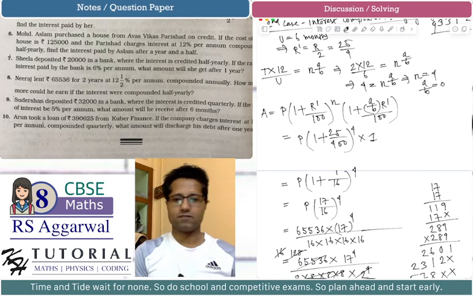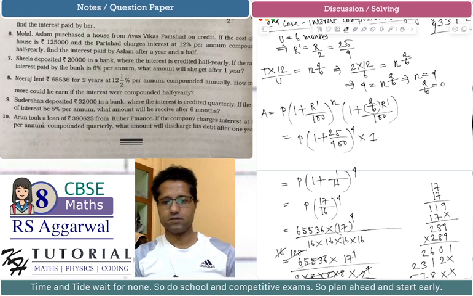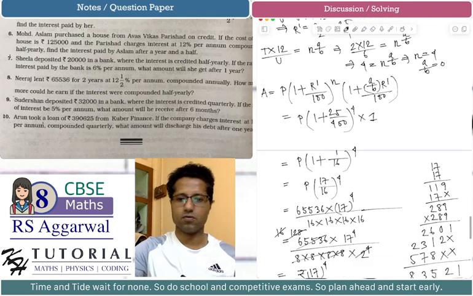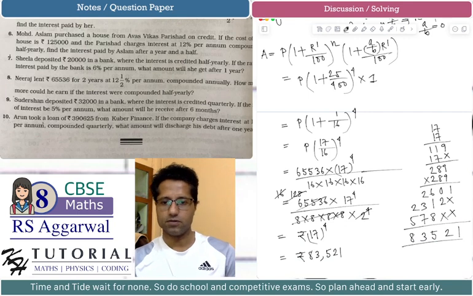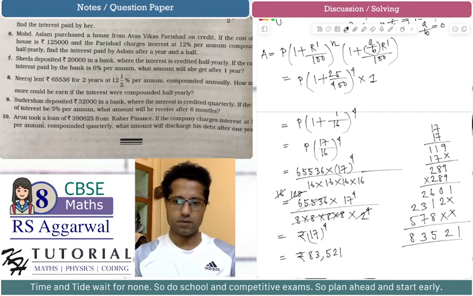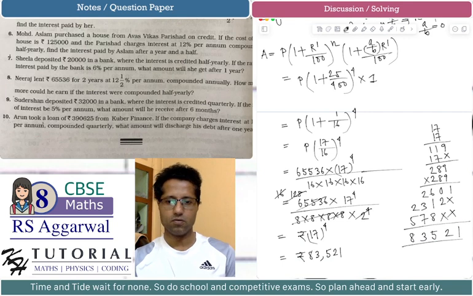So this is 1 plus 1 by 16 to the power 4, which is 17 by 16 to the power 4. Then 65,536 multiplied by 17 to the power 4 divided by 16 to the power 4. 16 to the power 4 is equal to 8 to the power 4 and 2 to the power 4.